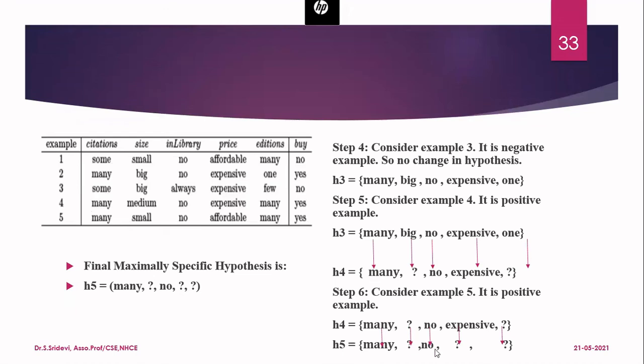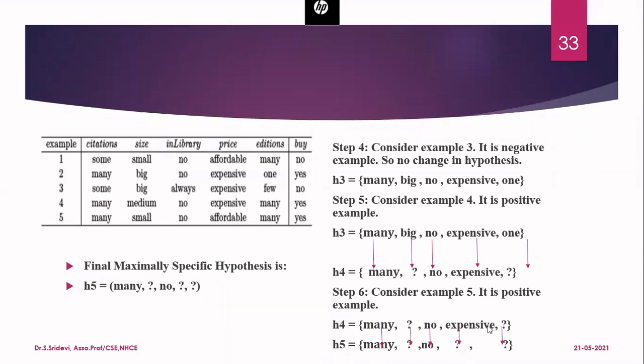The third value is no. In this record also you have no. So there is no change. Keep it as such. And the fourth value is expensive. Previously, you said that when the price is expensive, I am buying. But now you are saying that when the price is affordable, I am buying. So now you're going to change it.